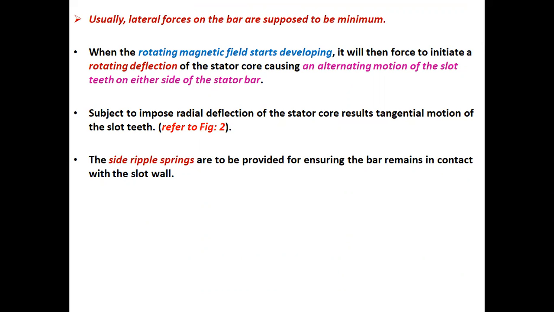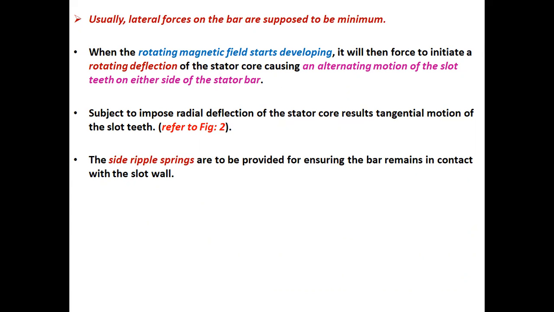When the rotating magnetic field starts developing, it forces a rotating deflection of the stator core, causing an alternating motion of the slot teeth on either side of the stator bar. The radial deflection of the stator core results in tangential motion of the slot teeth.